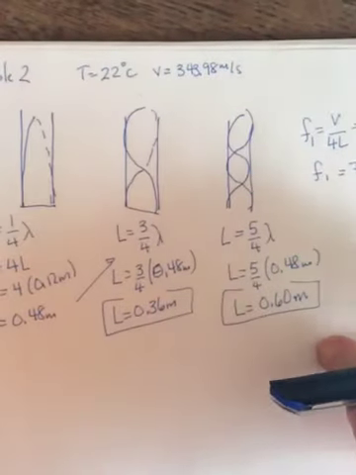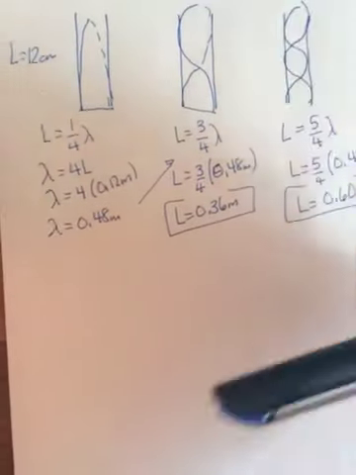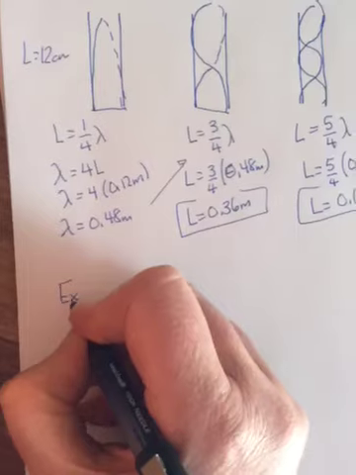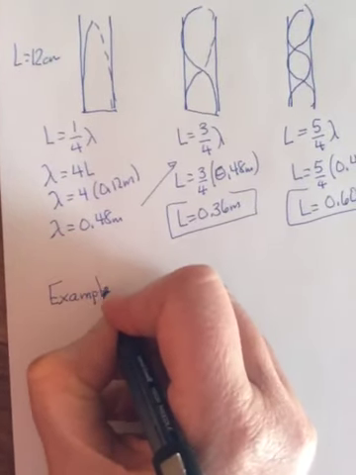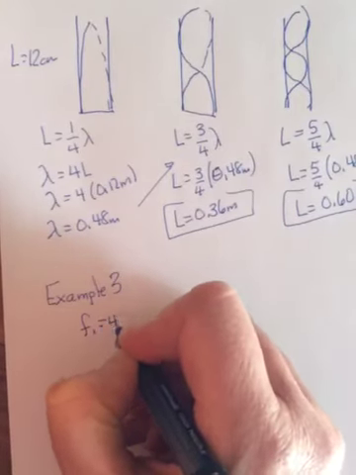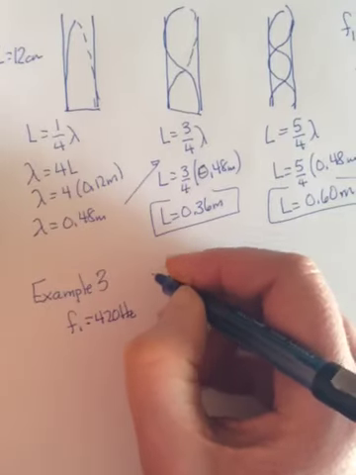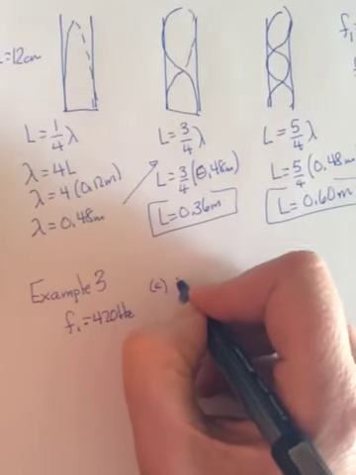Number 3. An air column opened at both ends has its first harmonic at 420 hertz. So it's an open column, and its first harmonic, F1, is 420 hertz. So the first question says, what are the frequencies of the second and the third? Too easy.